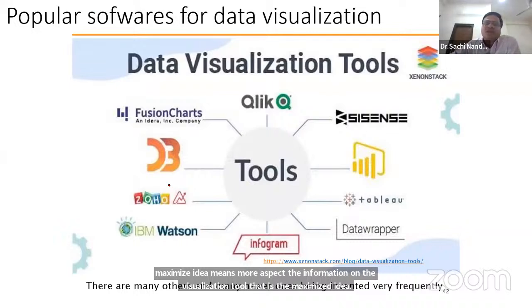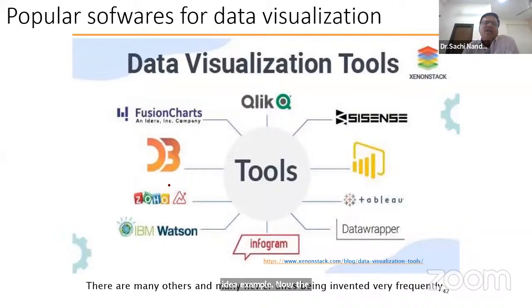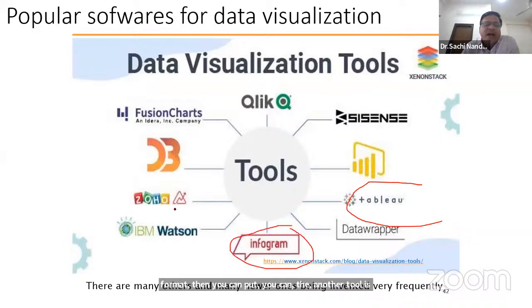Now, as of now, different types of data visualization tools are used. Many companies, for example Amazon, use the table format. Another tool is Infogram, and IBM has its own tool called IBM Watson.